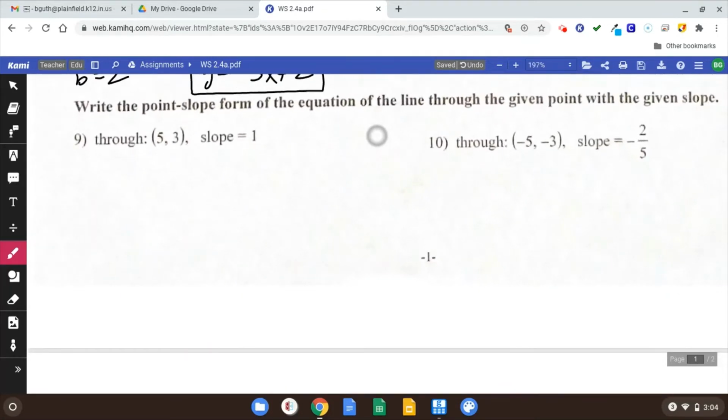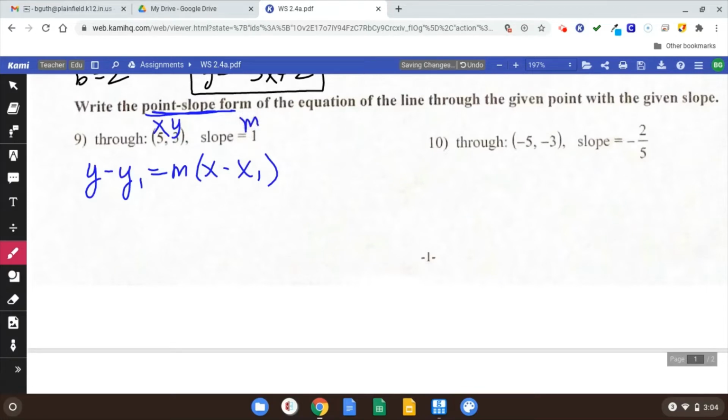So number 9, it says write the point slope form. Well, point slope form is this: y minus y number equals m times x minus x number. So this is all they want. They don't want me to convert, they just want that. And if you notice, you've got a point and the slope.